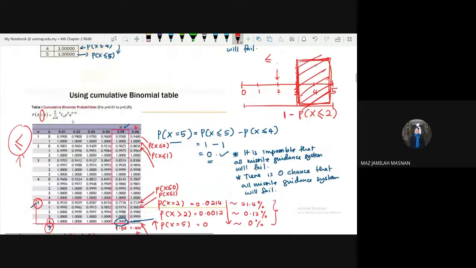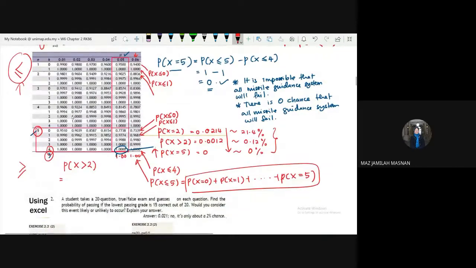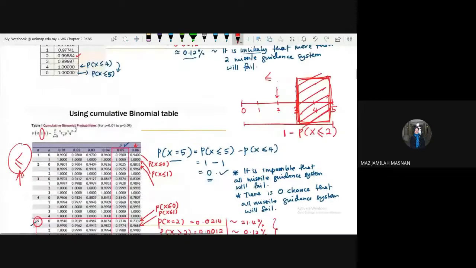To solve this, it will be 1 minus P(X less than or equal to 2). That's why we transform this into this one by using the concept, because we understand the concept. I hope you understand by now.